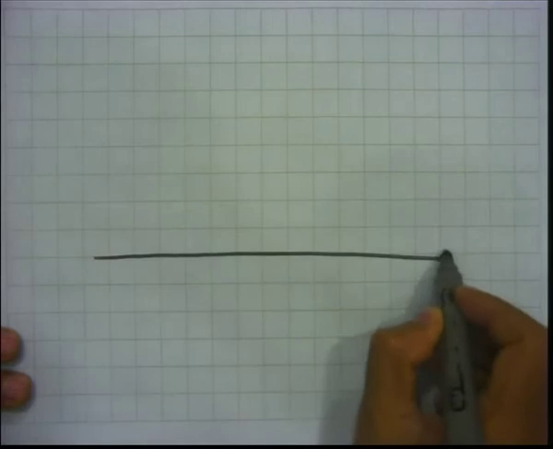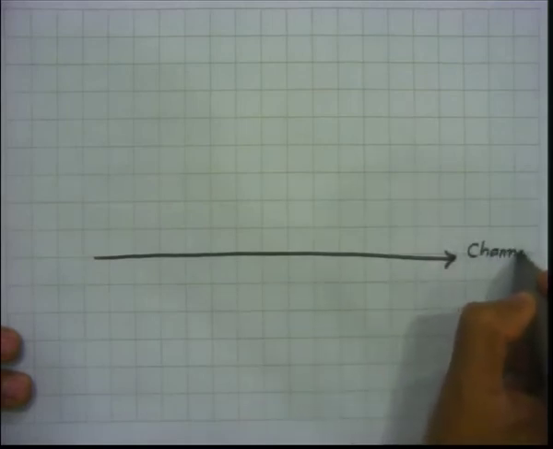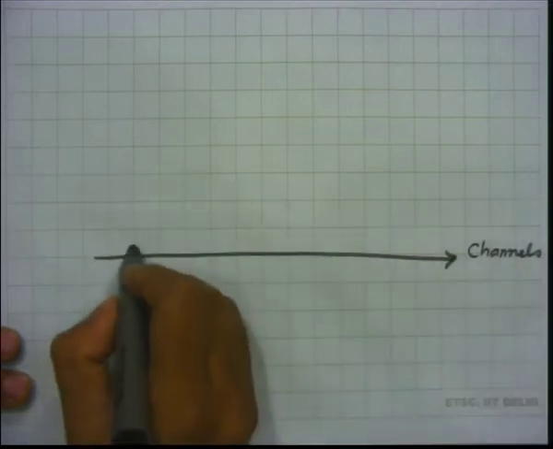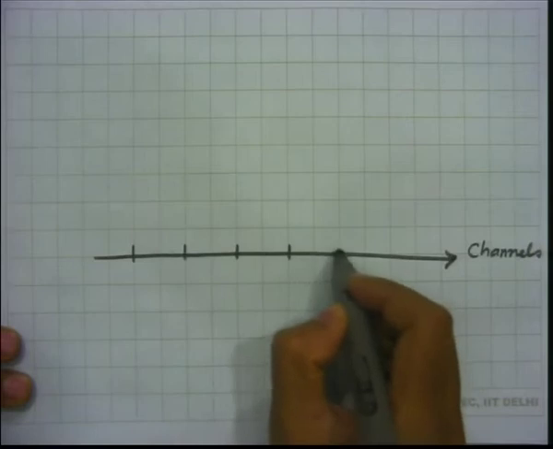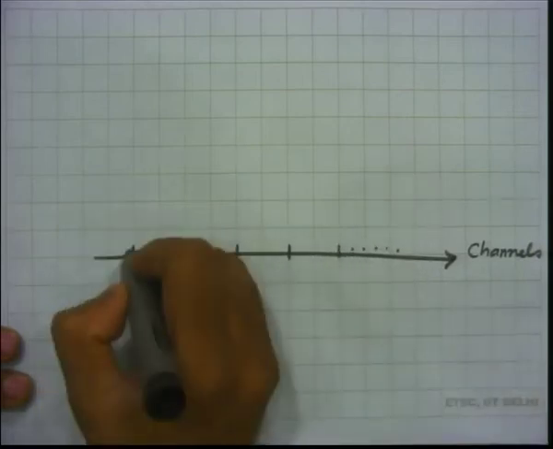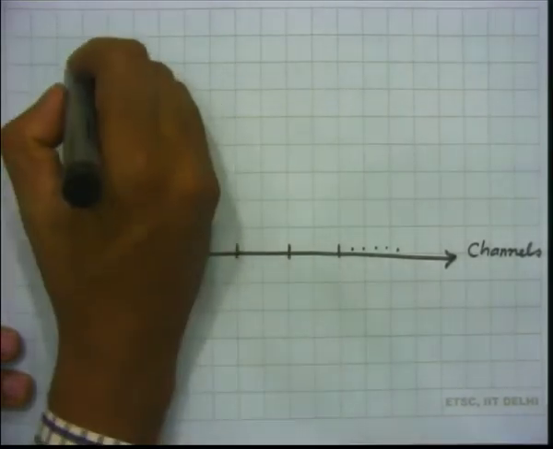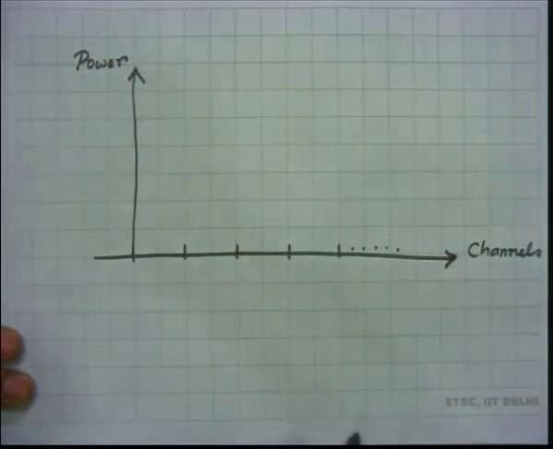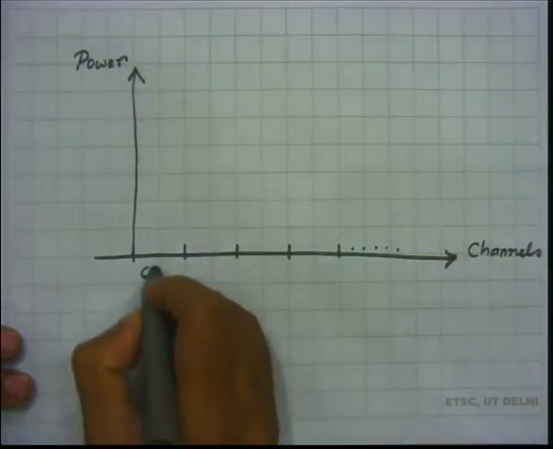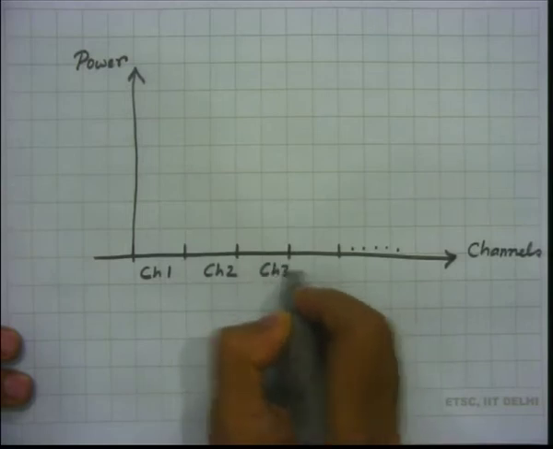What is our problem? So, these are my channels. Let us demarcate them, channel 1, 2, 3, 4. And on this axis, we have to allocate power. So, this is channel 1, channel 2, channel 3 and so on and so forth.